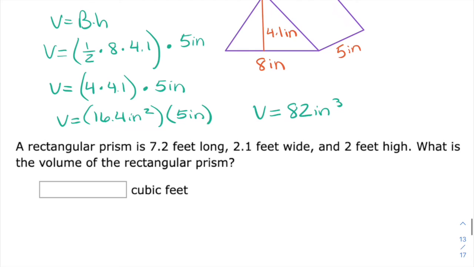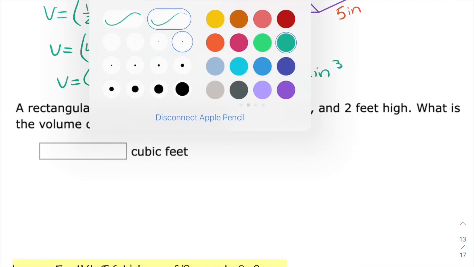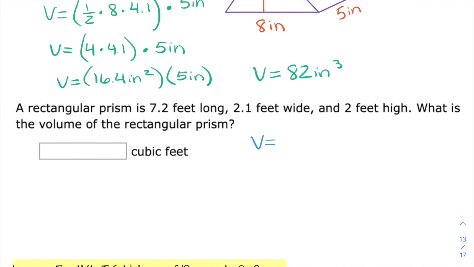And the last one, a rectangular prism is 7.2 feet long, 2.1 feet wide, and 2 feet high. What is the volume of the rectangular prism? And this one is base times height.